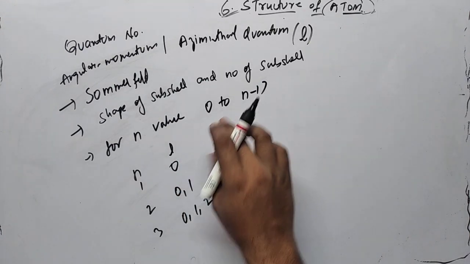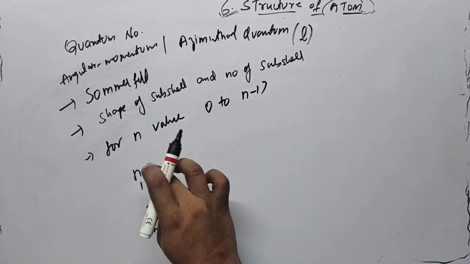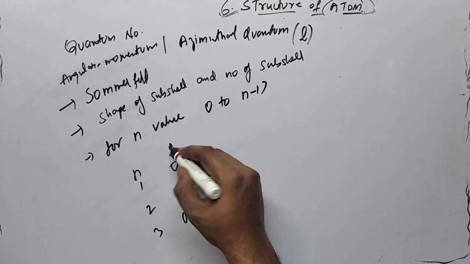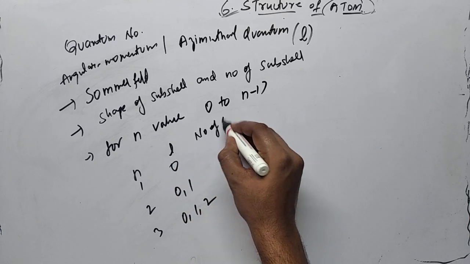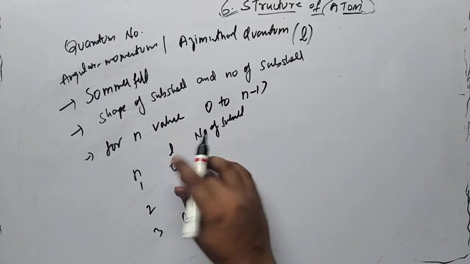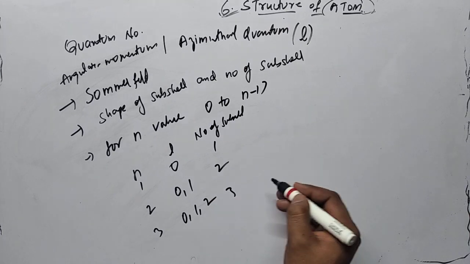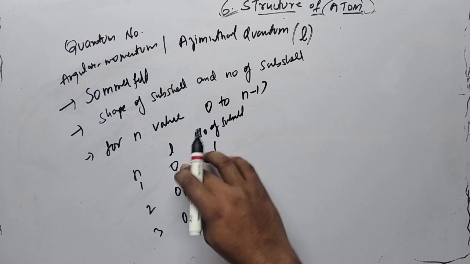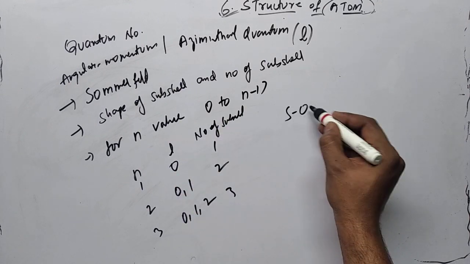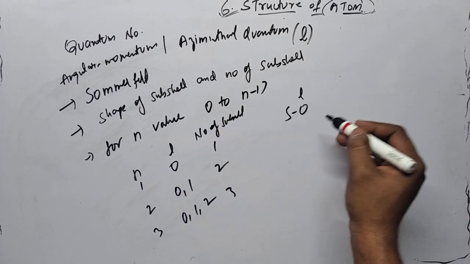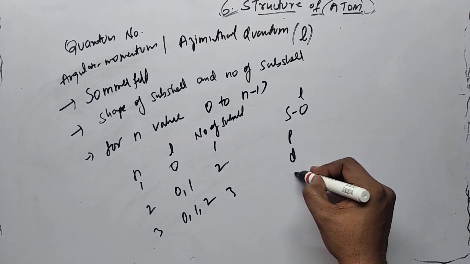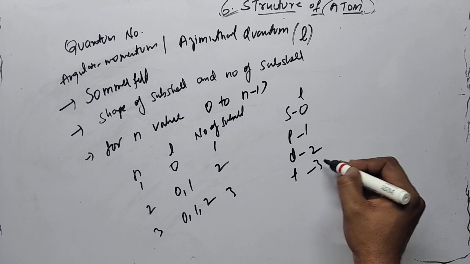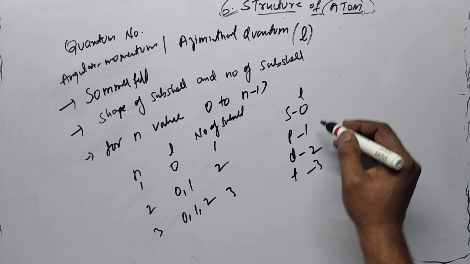As I told you, this quantum number gives you the number of subshells. If you want to write the number of subshells, you just count the number of l values. Here 1, 2, 3. And you know the shapes of the orbitals. 0 is the l value for the s subshell. Next you have p, d, f, with values 1, 2, 3.